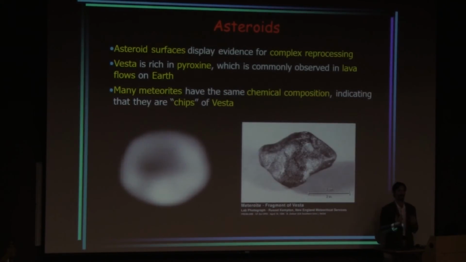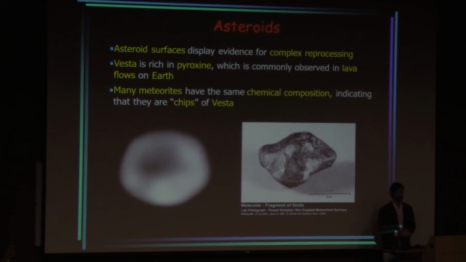So we know from spectroscopic observations of Vesta that it's rich in a material which represents geological reprocessing on Earth, and we call that pyroxene. It's very common in lava flows on Earth, so it's associated with metamorphosis and reprocessing, high pressures and temperatures. That's the same material that we see in some of these meteorites that have landed on Earth. So we believe that they are actually chips off the old Vesta.